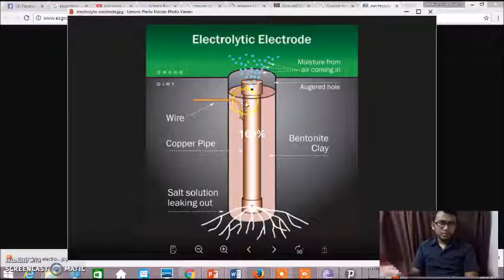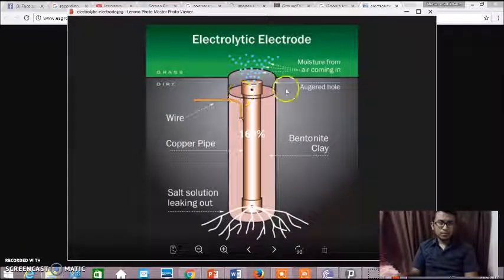For the electrolytic electrode, we can see that there is a wire that comes from the substation, and this is a copper pipe, and this is a mixture that contains salt. If lightning or electric current flows here, the electricity will go up through this mixture from this grounding.